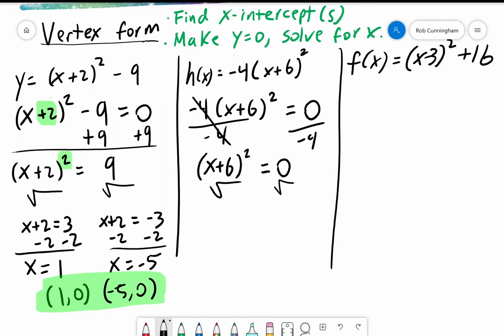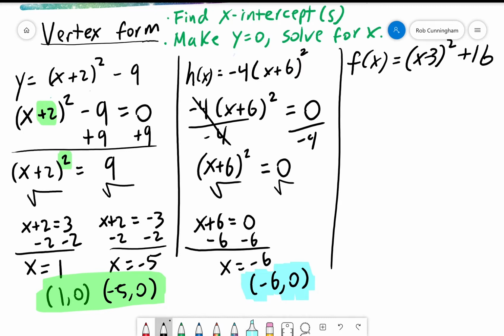On the left, the squared and the square root cancel out, so I just get x plus 6 equals what multiplies by itself to make 0? Well, just 0. There is no positive and negative 0, so in this case, there's just going to be one answer. And to find that answer, subtract 6 from both sides, you get x equals negative 6. So the only x-intercept that I have on this parabola is (-6, 0).